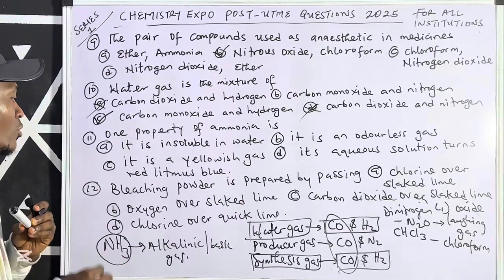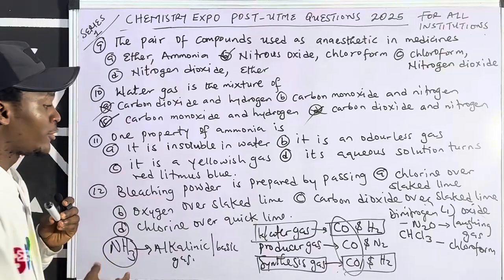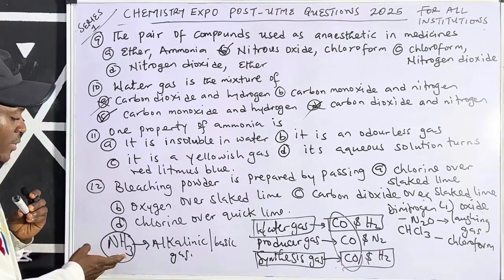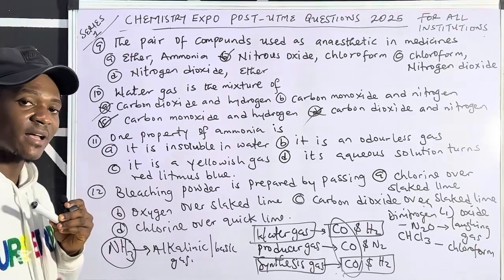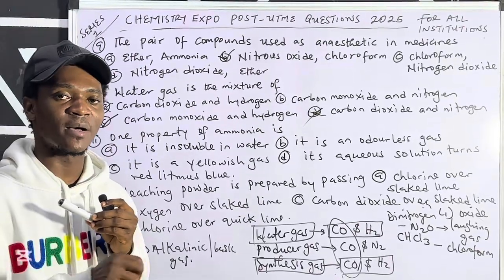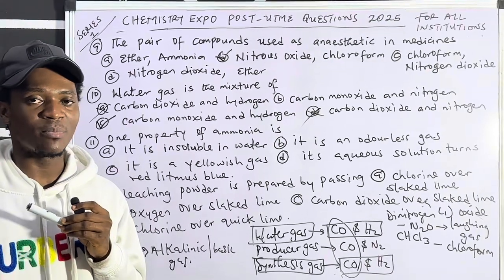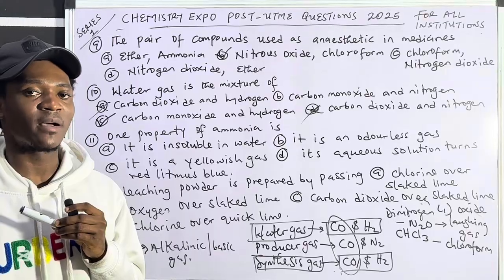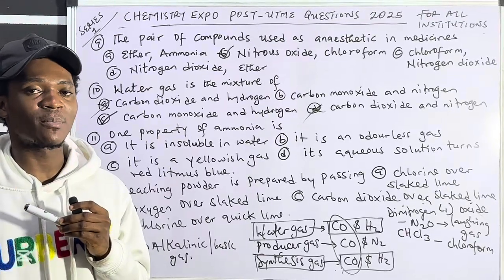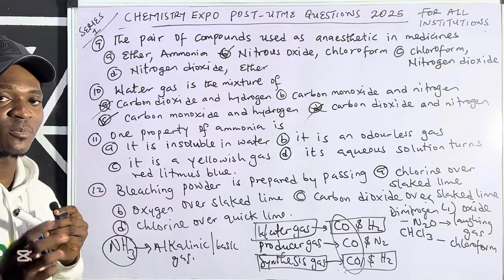Its aqueous solution turns red litmus blue. Of course, you know that to test whether something is basic, you work with litmus paper. And being a gas, you cannot use litmus paper to determine whether it is acidic or basic directly. For it to have an effect on litmus paper, you need to wet the litmus paper, or you can work with an aqueous solution of ammonia, because there must be the presence of water.